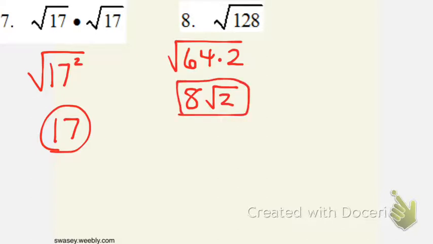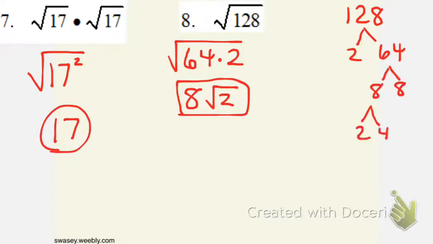If you didn't realize that 64 was going to be your perfect square factor, you could have done the factor tree. You might have started with 2, and then 128 divided by 2 gives us 64. You might keep on going, 8 and 8, and 2 and 4. Factors of 4, 2 and 2, and 2 and 2.